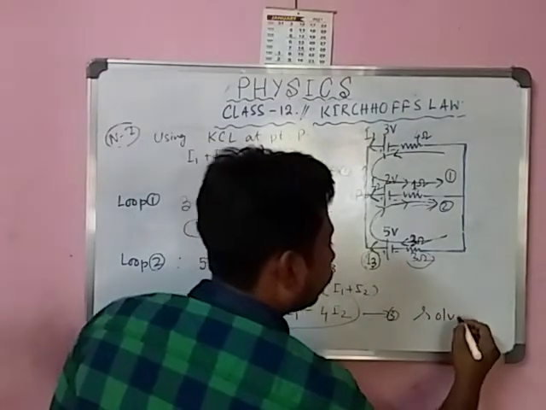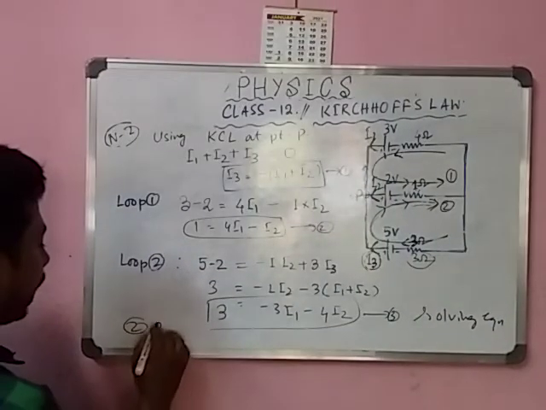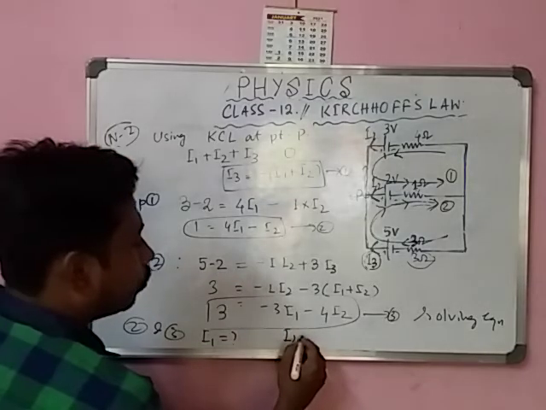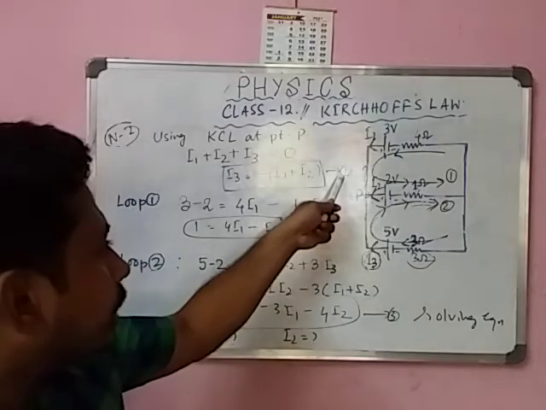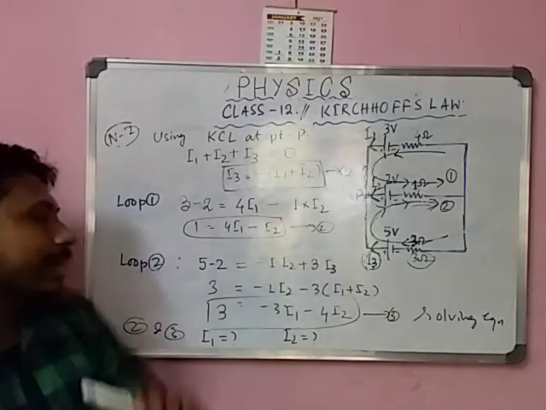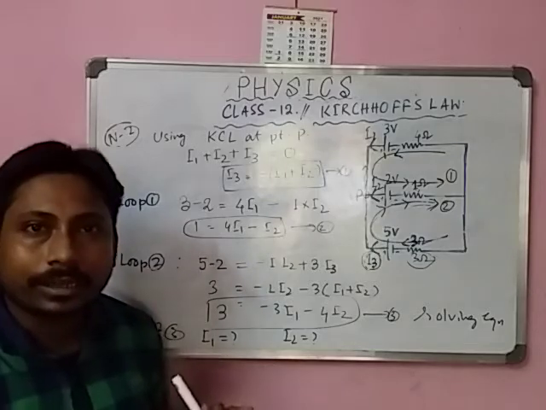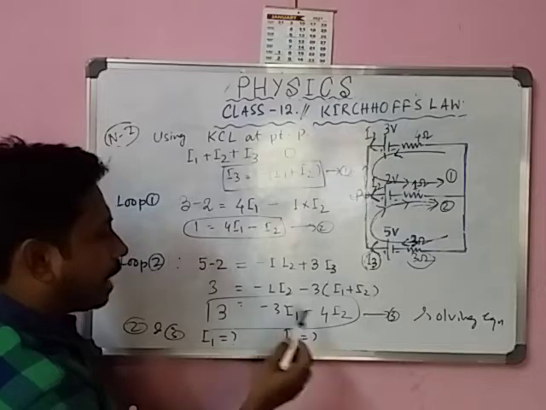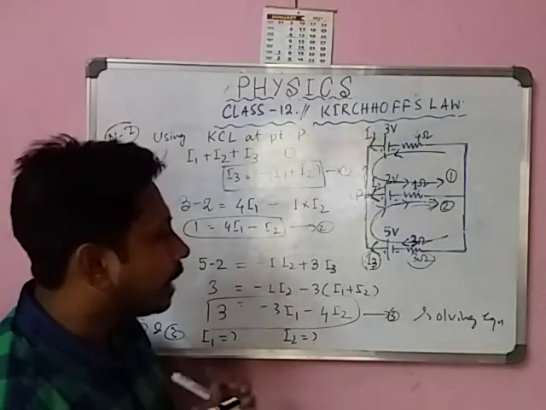Solving equations 2 and 3, you will get I1 and I2, and putting the values of I1 and I2 in equation number 1, you will get I3. So you just solve it and find I1, I2, I3. Pause the video and solve it.